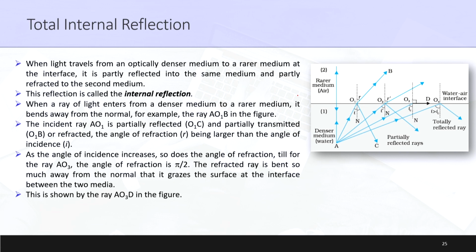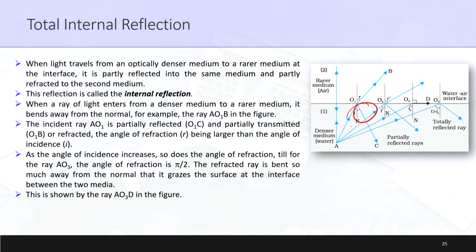When the light travels from an optically denser medium to a rarer medium, at the interface it is partly reflected into the same medium and partly refracted into the second medium. As you can see, some of it is reflection and some is refraction here. This reflection is called internal reflection.